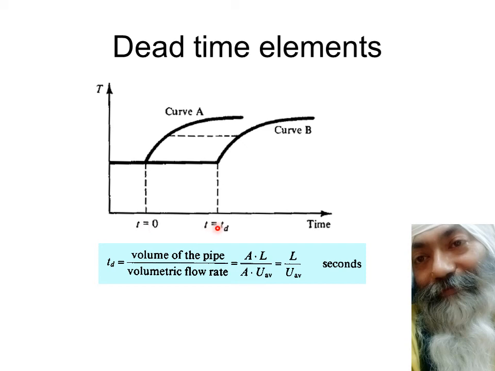It starts happening at t equal to TD, and that's why whatsoever is the temperature change happening at the outlet is exactly what happened at the inlet, but with the delay, t minus TD. This minus TD means it's a delay, and we will be taking the Laplace transform also. It will come in the form of e to the power minus TD into s.